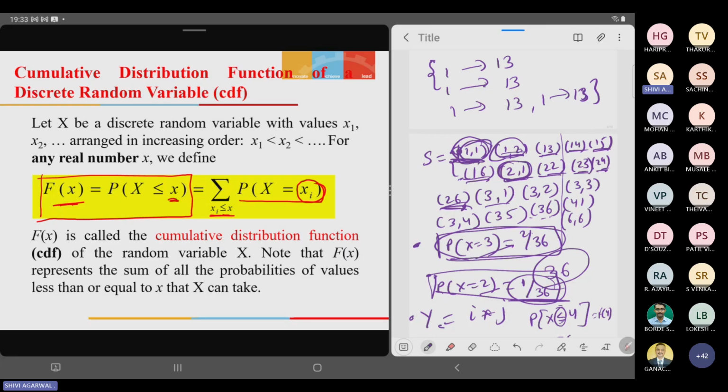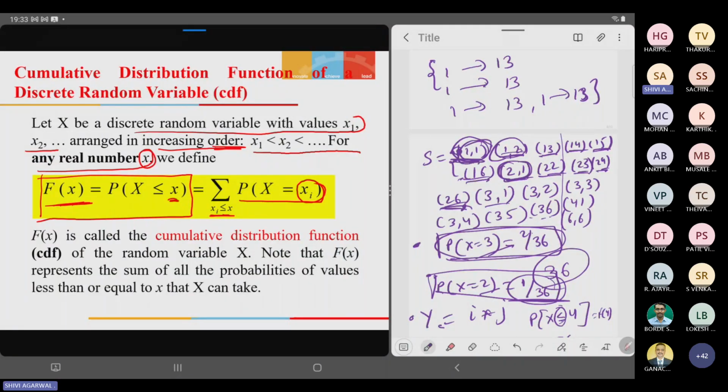What is the formula here? Let X be a discrete random variable with values x1, x2, and so on, arranged in increasing order. 0, 1, 2, 3, 4, 5, whatever the order, we maintain increasing order: x1 is less than x2 is less than so on. Then for any real number x, we can define the CDF.